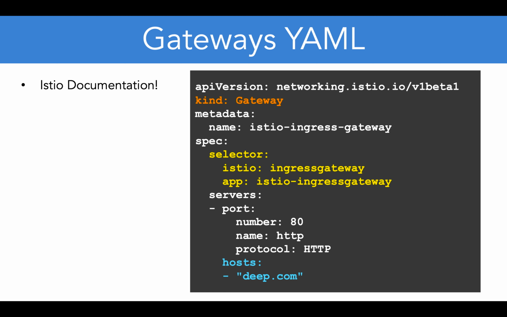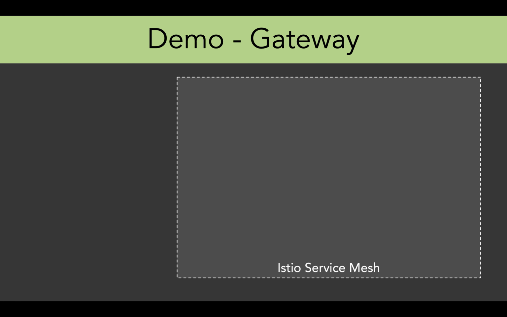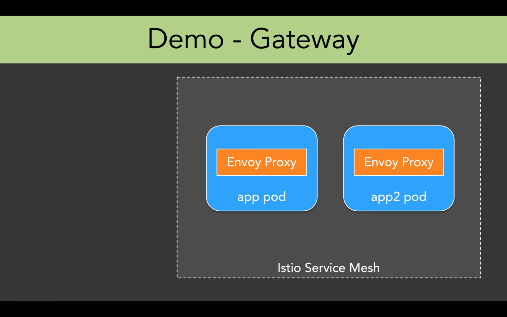So what will happen is, as it will be implemented in a proxy, any traffic that comes for, let's say, deep.com, this ingress gateway would be applied to that traffic. So that's what host means. So let's see this in a diagram, which will be more clear. So we have this Istio service mesh, and these are the two pods or two deployments that we are going to do.